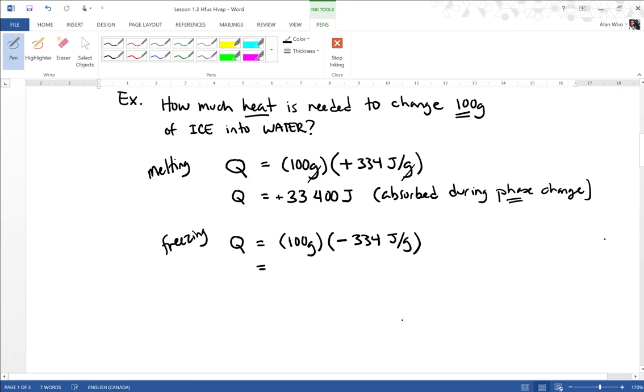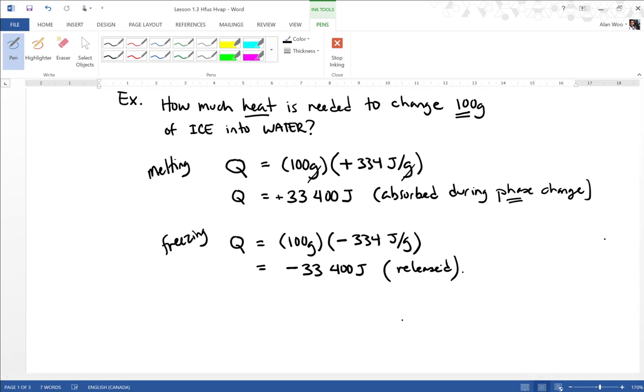The value is exactly the same, but now instead of absorbing heat, you're losing 33,400 joules. This is released during that phase change.